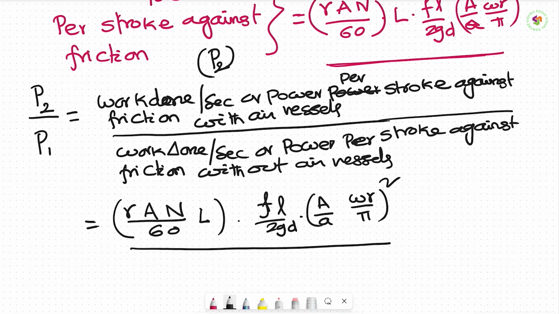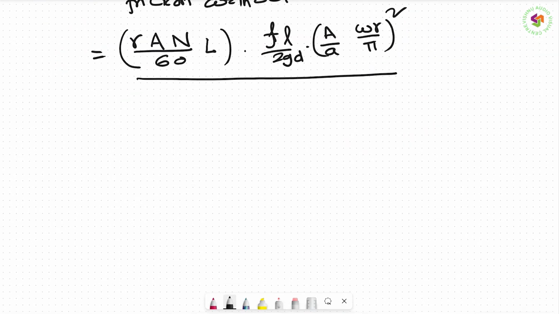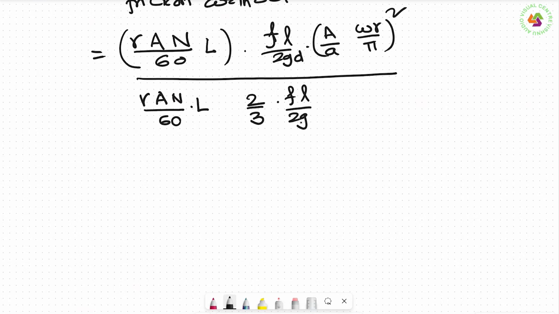This is divided by gamma A N by 60 into L into 2 by 3, into FL by 2gD into (A by a, omega R) whole square.